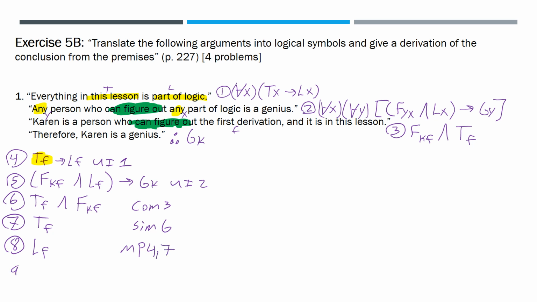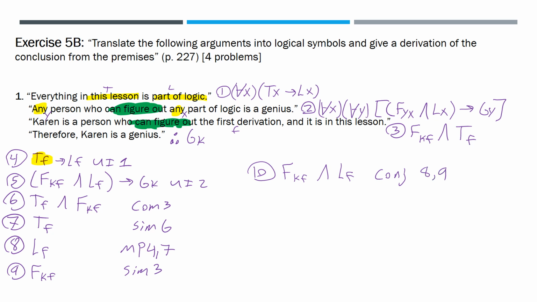For line 9, we can get Fkf by the simplification from line 3. Now we can combine. For line 10, we can get Fkf and Lf by the conjunction rule, lines 8 and 9.